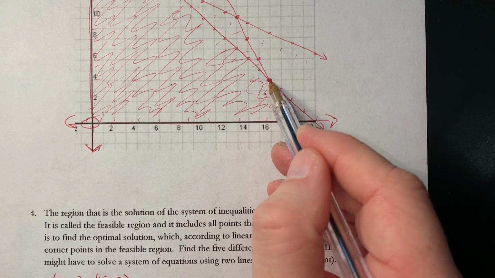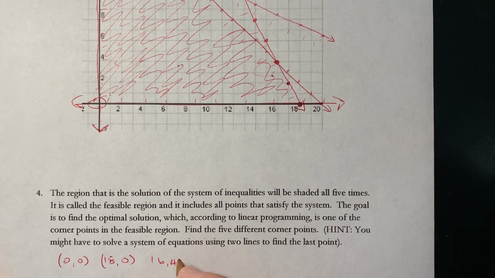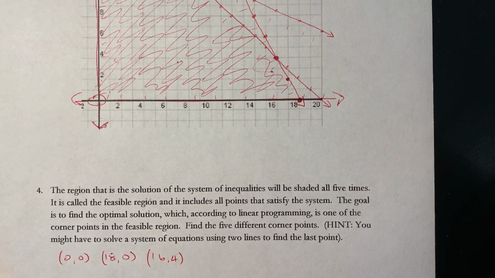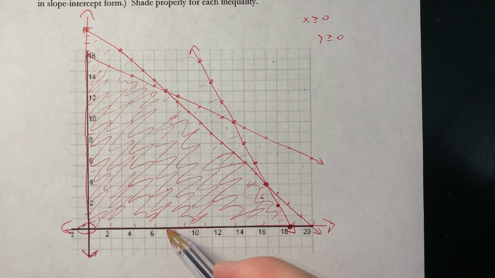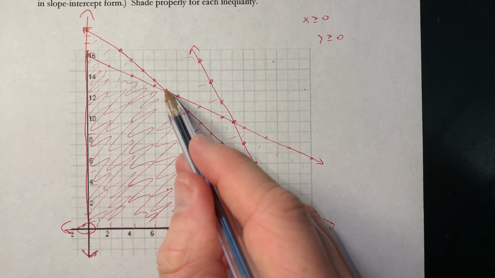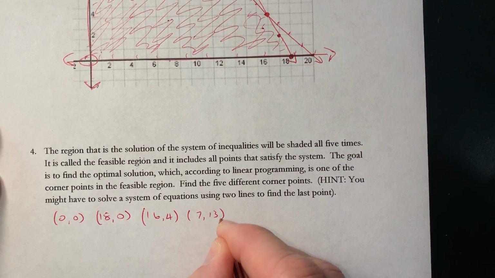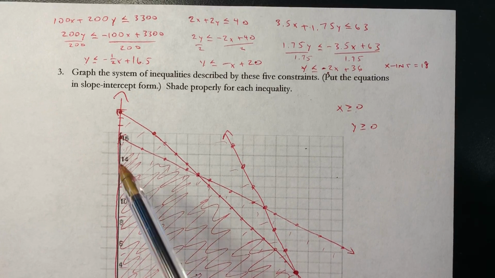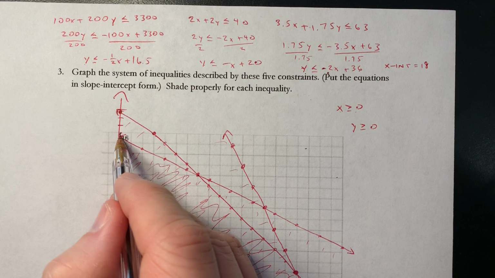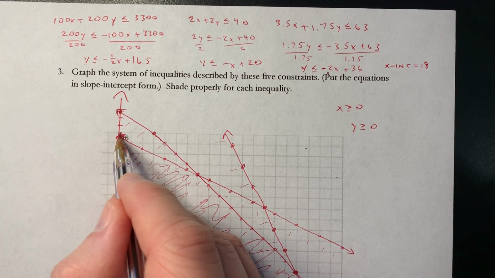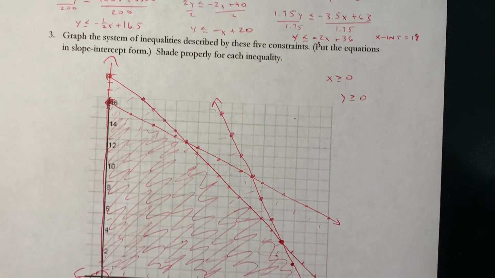Right here we have 16, 4. Up here we have 7, 13. And right up here we've got 0, 16.5.